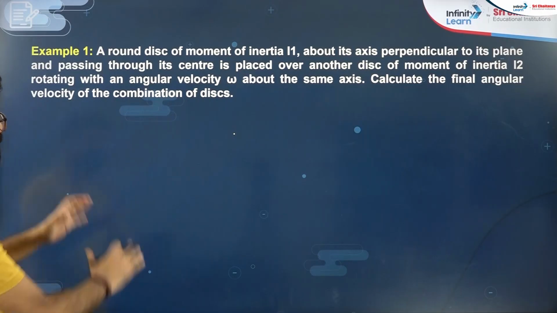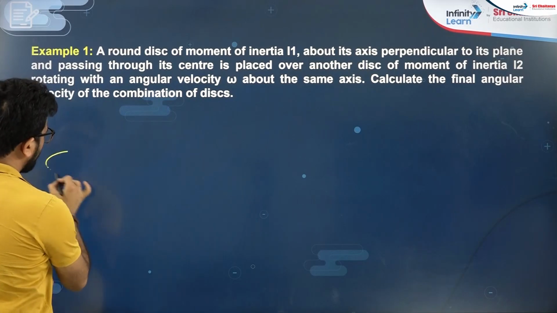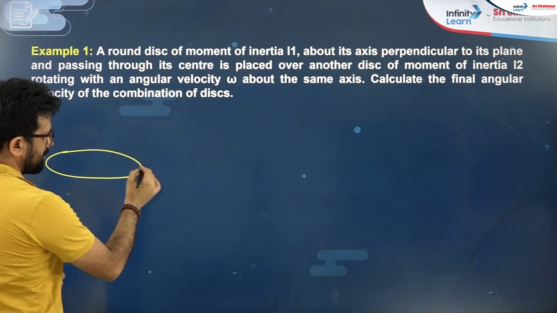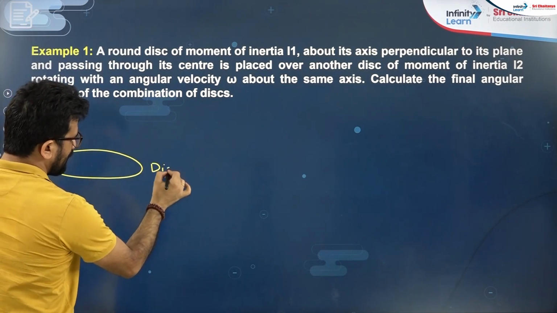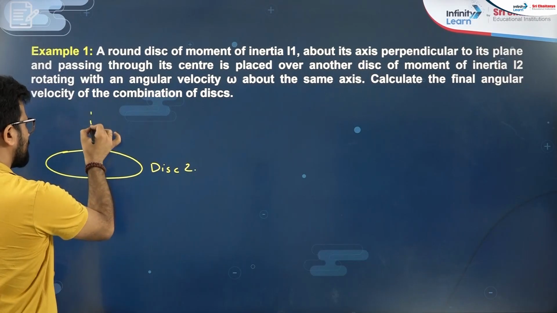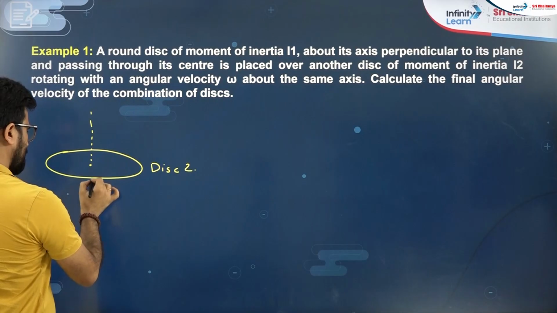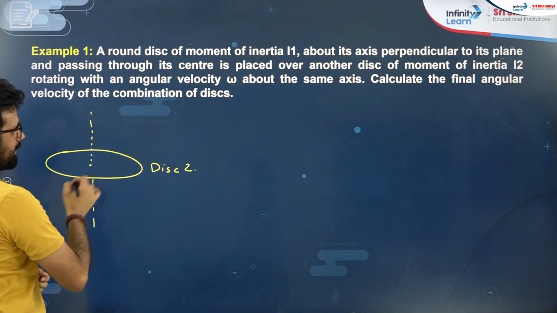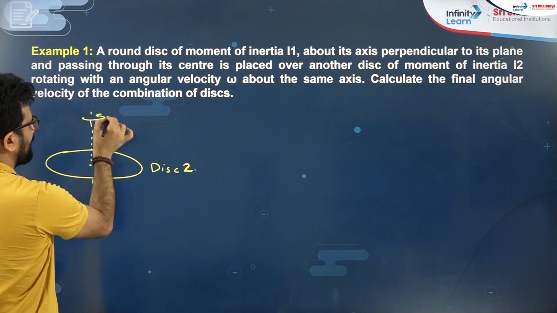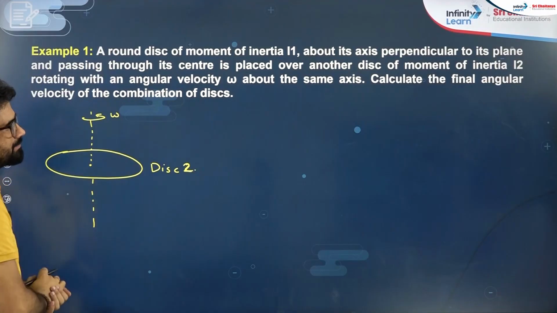Now focus on what is happening. These are two disks. Suppose I say this is disk 2, and this is its axis of rotation, and it is rotating about its axis with some angular velocity omega. It is given to you.